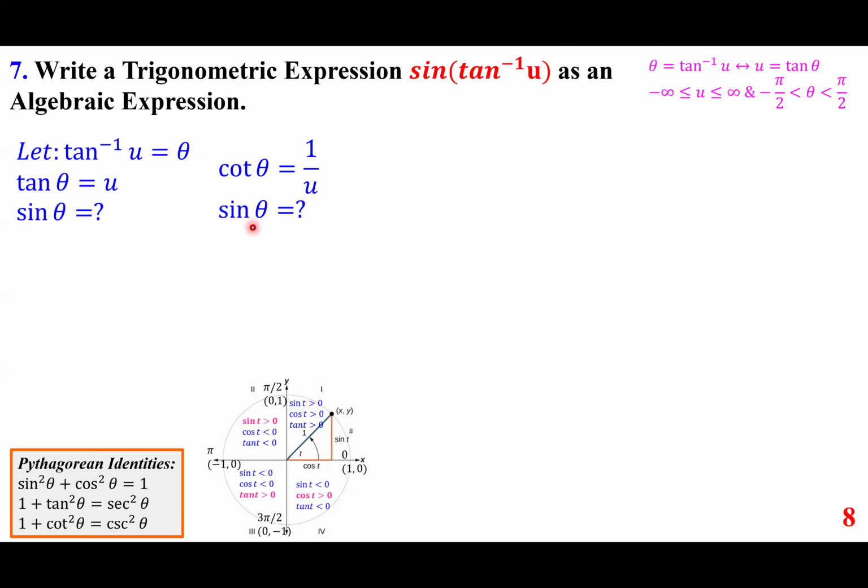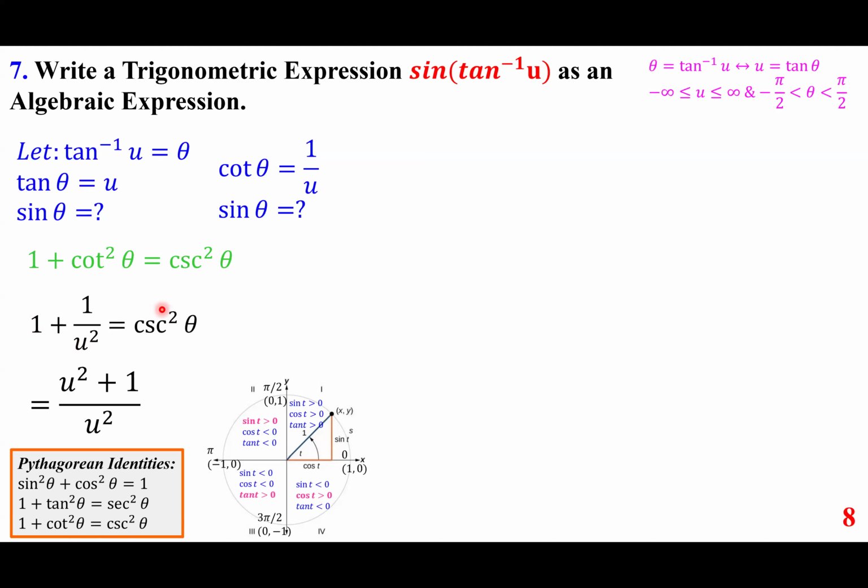Sine is what? We can say 1 plus cotangent squared equals cosecant squared. We are using one of those Pythagorean identities, and cotangent is 1 over u, so this is 1 over u squared. And so if I take a common denominator, this is u squared over u squared, so we get u squared plus 1 over u squared.